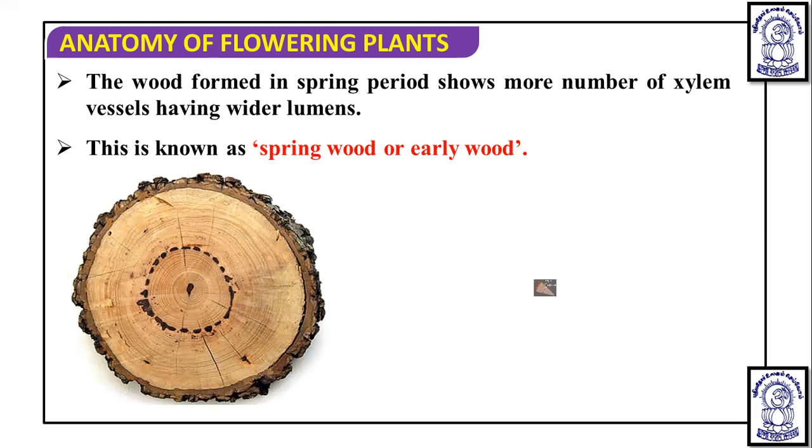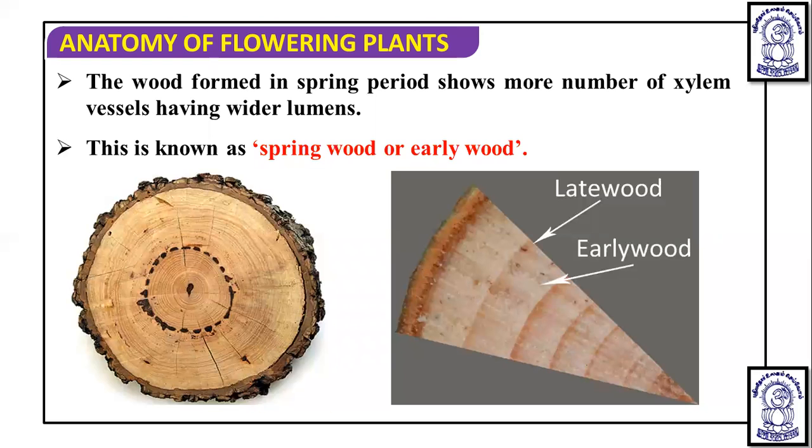So dear students, see here, spring wood is also known as early wood. It is shown in this diagram, and the late wood is also shown. Here you can see this is the early wood and this is the late wood. Late wood is the autumn wood.